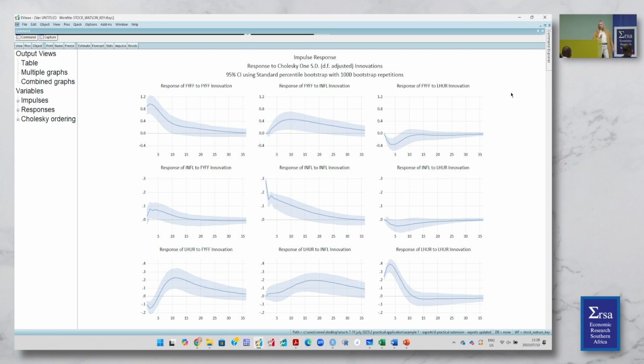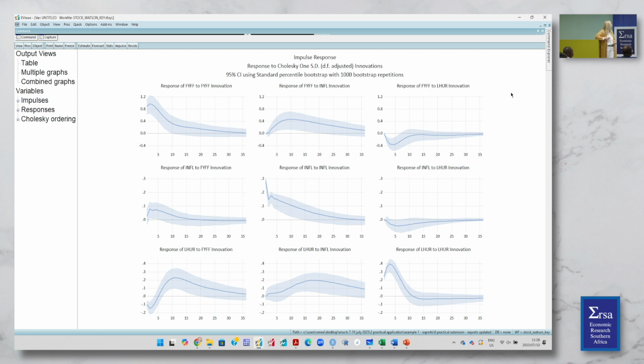We now have the option to limit the impulses or the responses. Just to zoom in a little bit, maybe for a second we're just interested to see how the policy rate affected all the other variables, and not worry so much about what happens to the other variables if unemployment or inflation goes up.